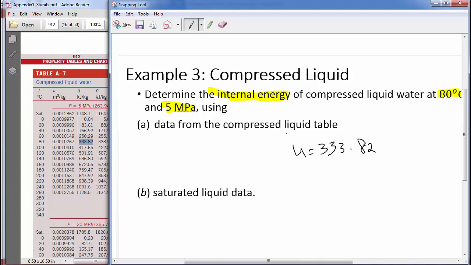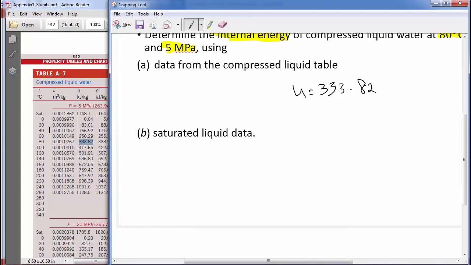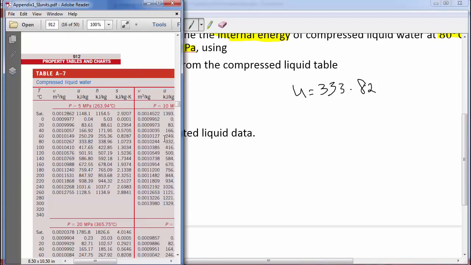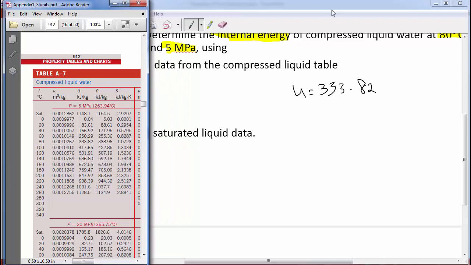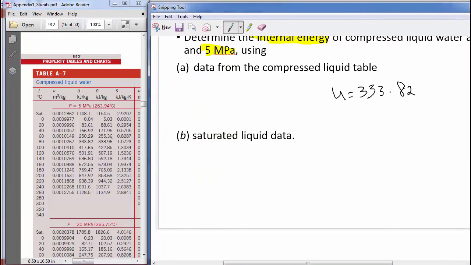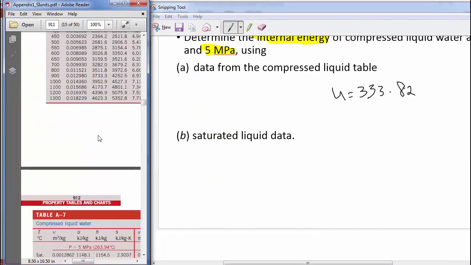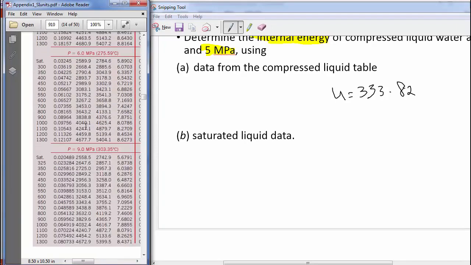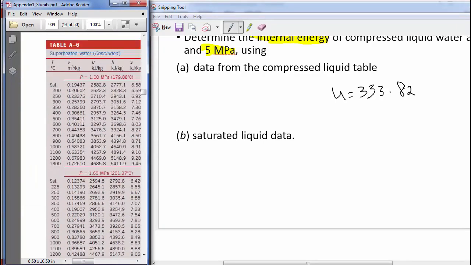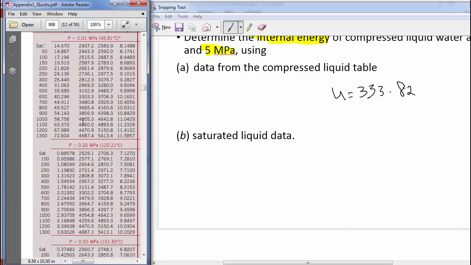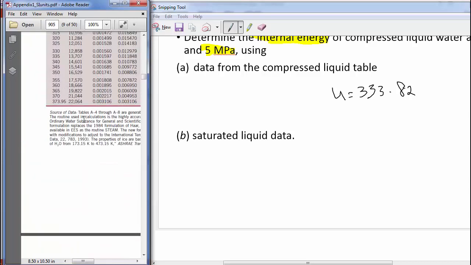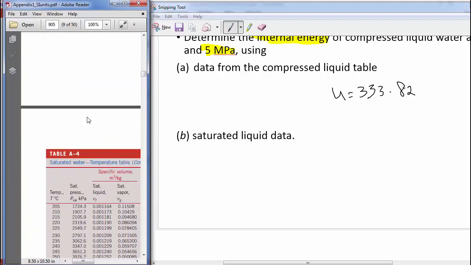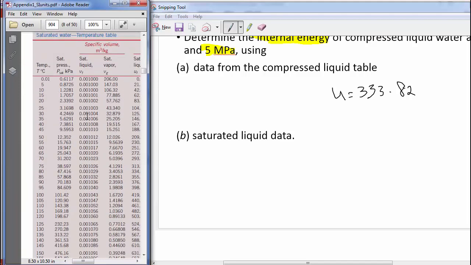Another method to solve this is to go to table A4. Why can we go to table A4 to find the internal energy of this compressed liquid? You might be asking, isn't table A4 for the saturated mixture, the saturated liquid or vapor? Yes, it is indeed.